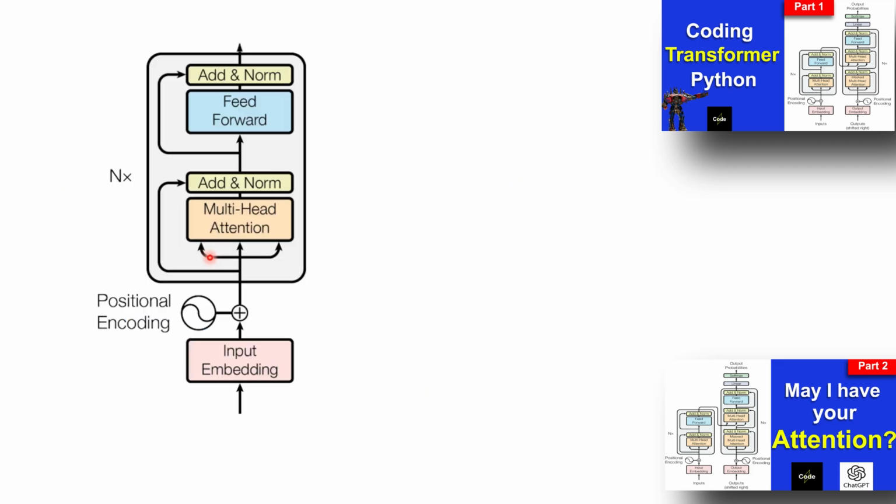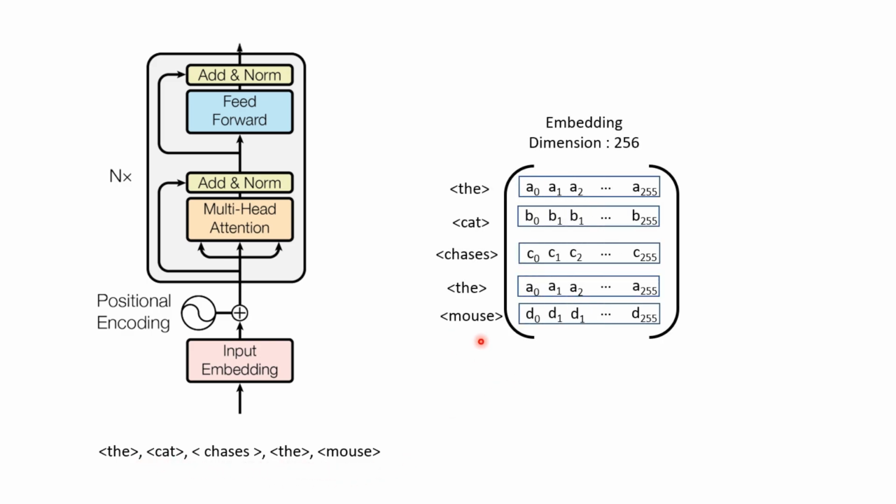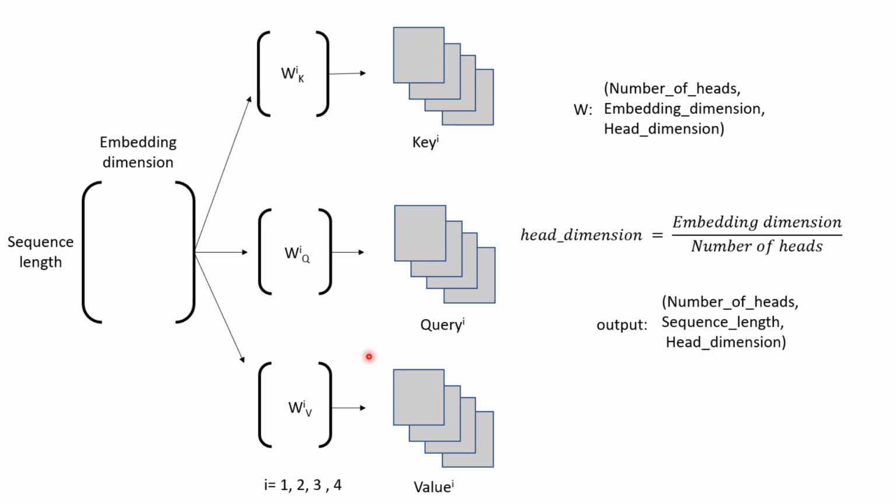watch for more details. In a transformer model, a sentence is first split into tokens, here words, and each token is converted into an embedding vector. Then attention heads are used to compute keys, queries, and values for each token multiple times.